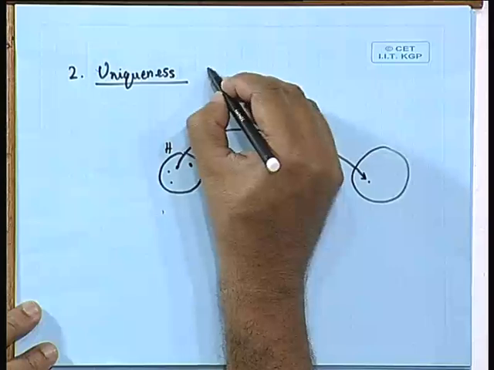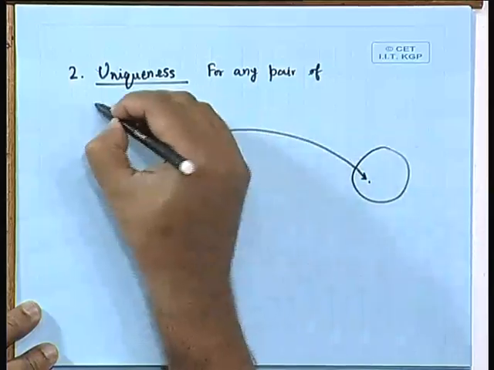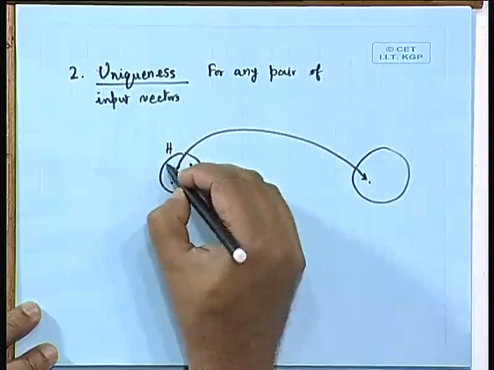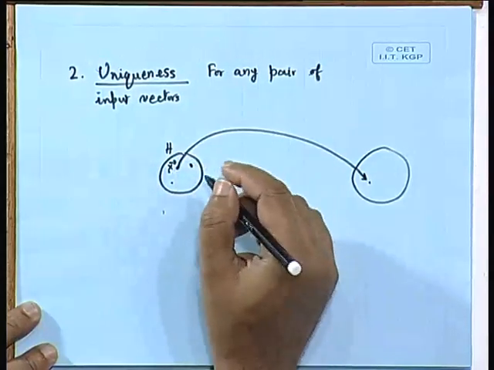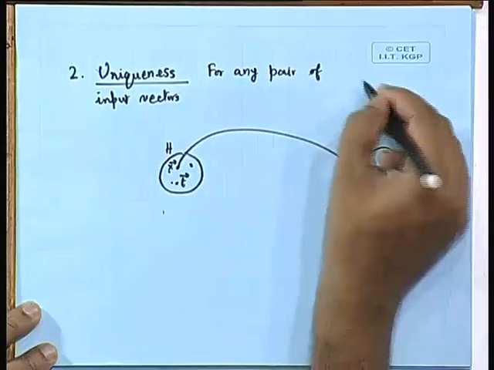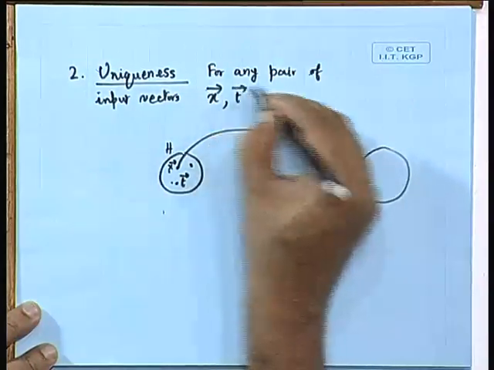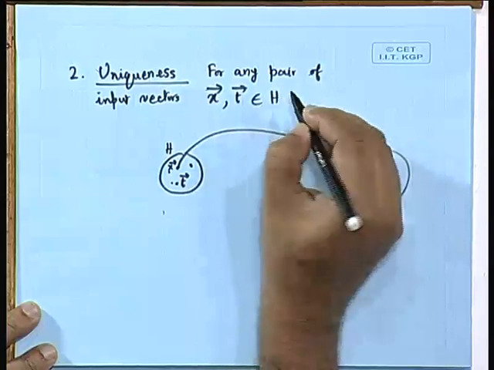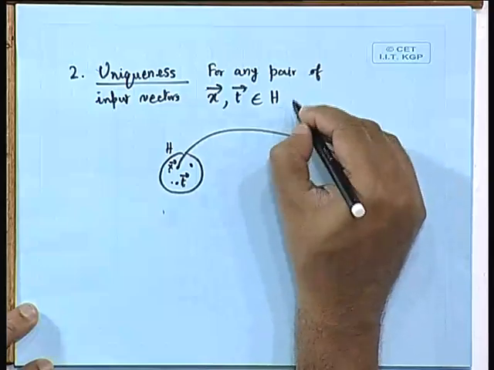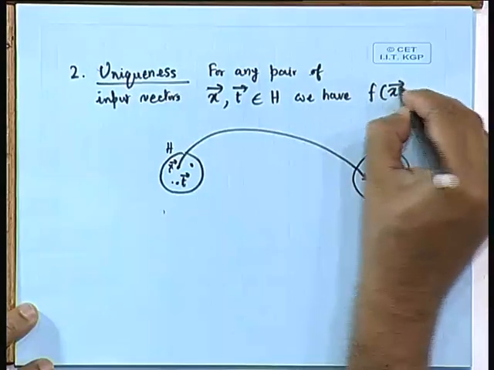For any pair of input vectors, let us take one of the input vectors as, let us say, x vector, and another input vector we are taking as say t vector, and both the input vector x as well as the vector t belong to the set H. So, if for any pair of these input vectors we have f x is equal to f t.